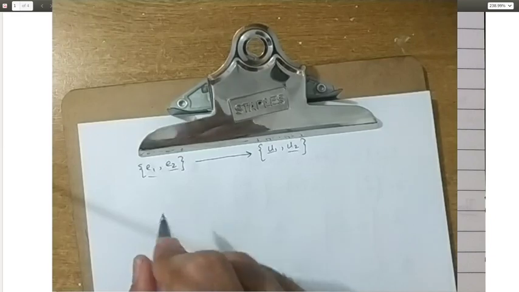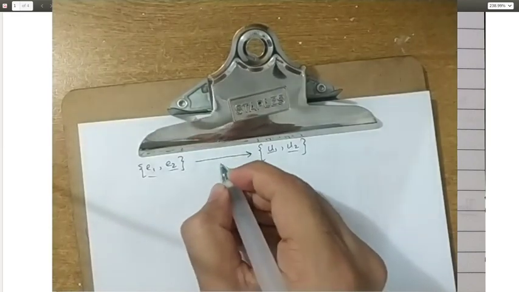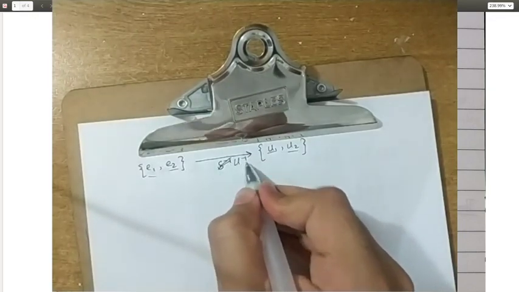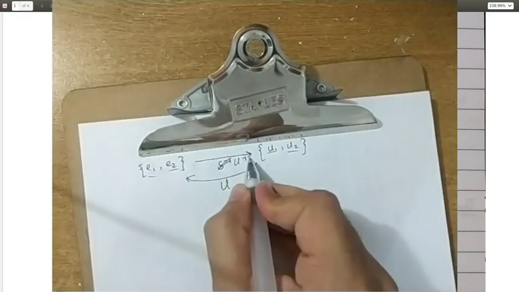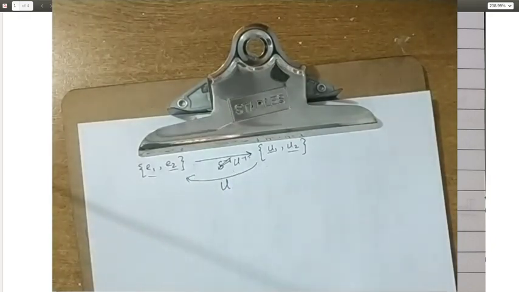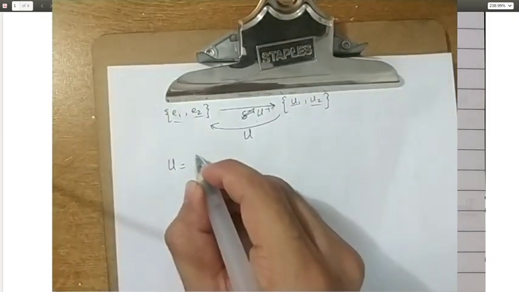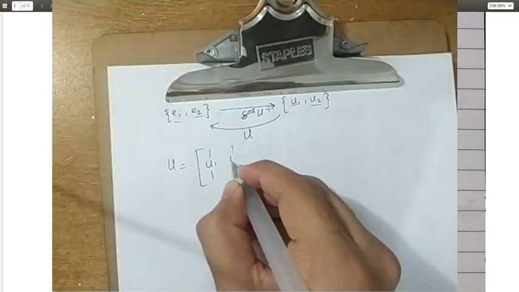At the start of the class I told you that for going from here to here you need the inverse of the transition matrix that takes you from here to here. From here to here it's easy, it's just U. From here to here you need U inverse. U is simply the matrix whose columns are U1 and U2.